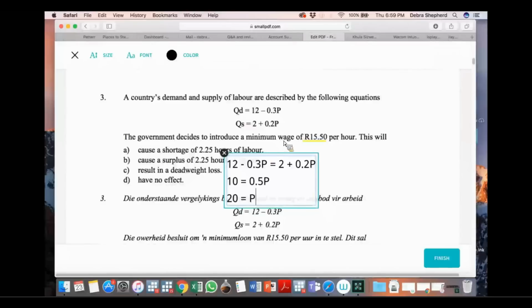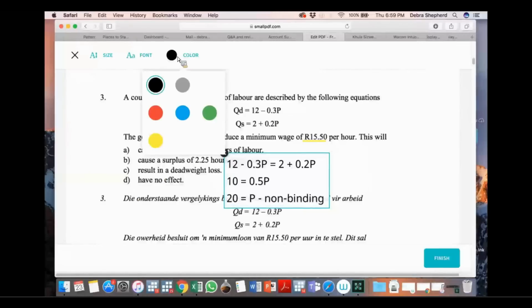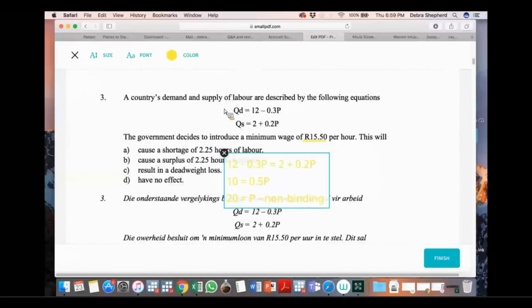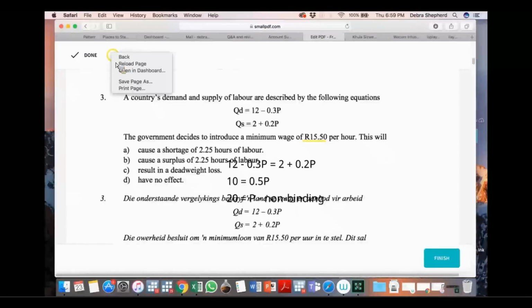So if you put in a minimum wage of 15 Rand 50, that is effectively a non-binding price ceiling. That 15 Rand 50 would be non-binding, which means that the result of this policy would be no effect at all. So the answer would be D.